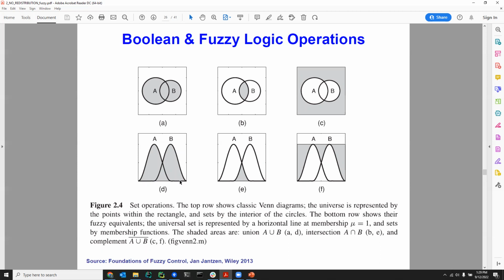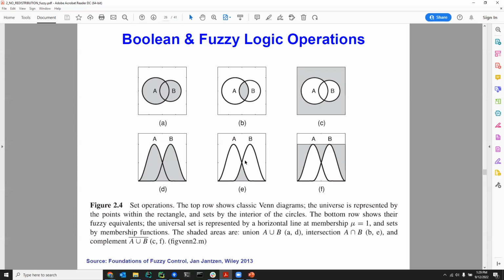You can then represent that with fuzzy sets, fuzzy membership functions. And you can see that it's shaded because all values that are in A or B are what you're looking for. Similarly, if you're looking at A and B, you know that this overlap is, in the Boolean case, where that's happening.